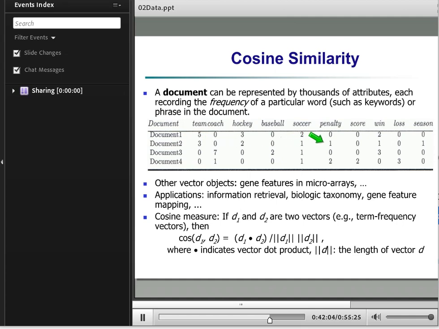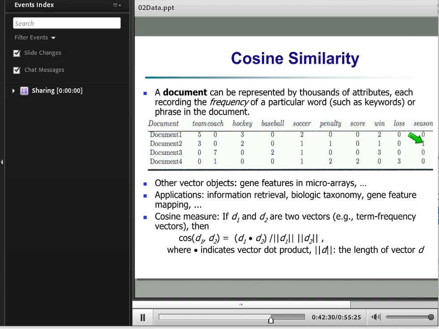Hockey 2 times. Soccer, penalty, win, and season are repeated only 1 time. In all cases, I have to count the number of repeats of each keyword in that document.